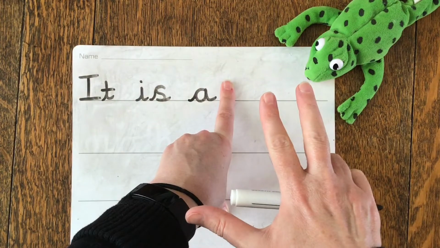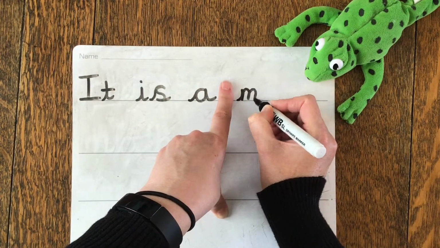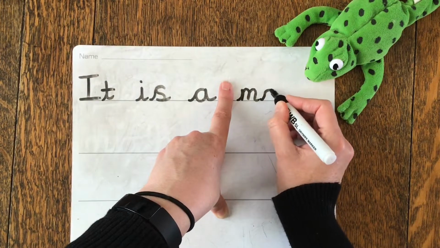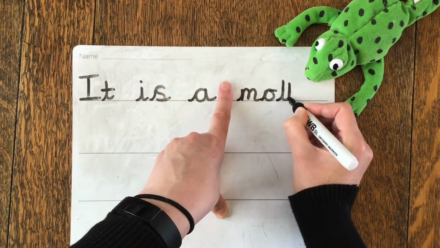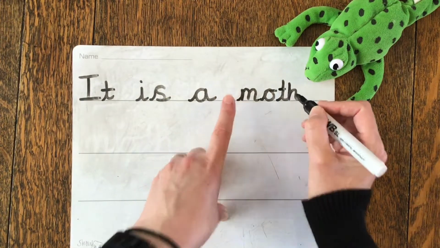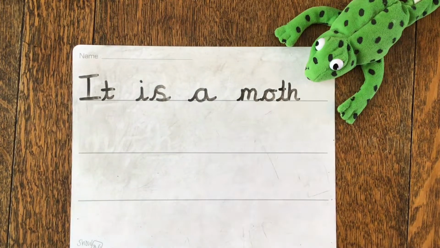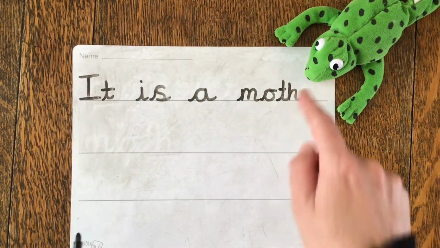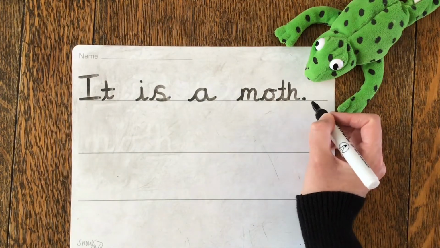M, o, th. So th was my last sound. It is a moth. Now to show I've finished my sentence, I need to remember my full stop. That's just a little dot on the end by the line.